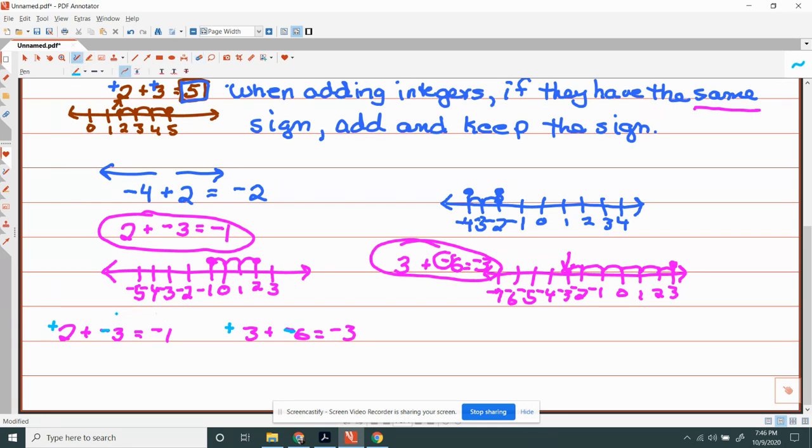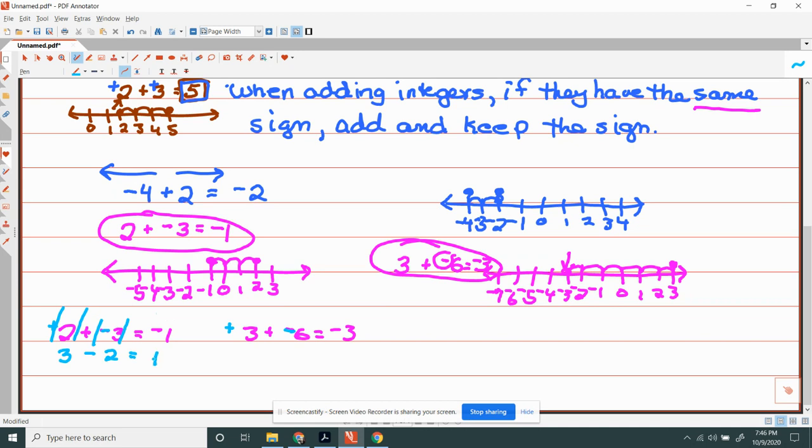And what I see when I look at it is that if we take the absolute value of each number, we take the absolute value of negative 3, which is 3. So we're going to think of it in terms of absolute value. And we take the absolute value of 2, which is 2. So we basically are essentially ignoring the signs. And we just subtracted them.